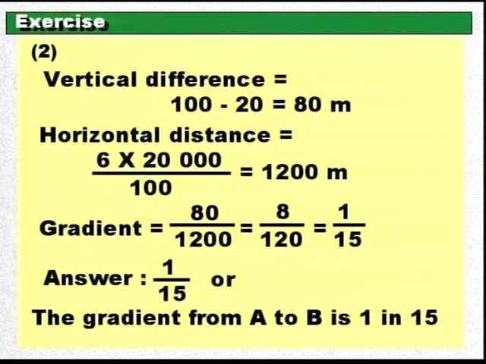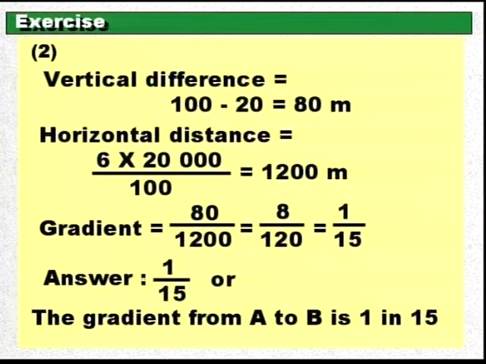We use the scale of the map. Therefore, we are going to go 6 centimeters multiplied by 20,000, which is the scale of our map. And because I mentioned that I would like our gradient to be always given in the units of meters, we divide by 100. And when we divide by 100, what should we end up with?